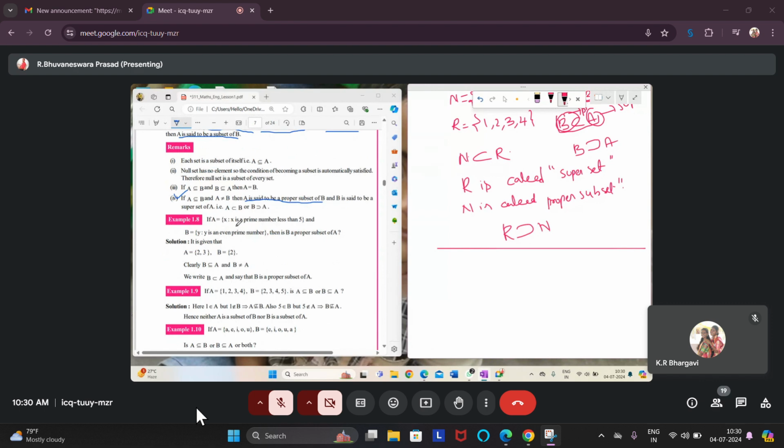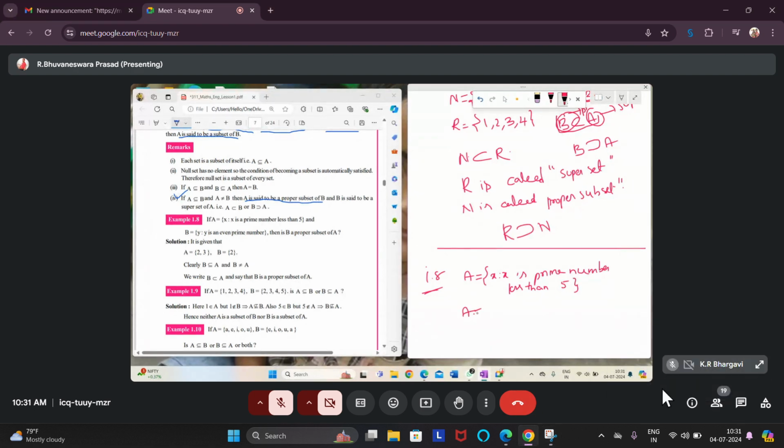Example, if x such that x is a prime number less than 5. So x is a prime number less than 5, and b is y such that y is an even prime. Okay, so 1.8, if a is x such that x is a prime number less than 5. So what are the prime numbers less than 5?